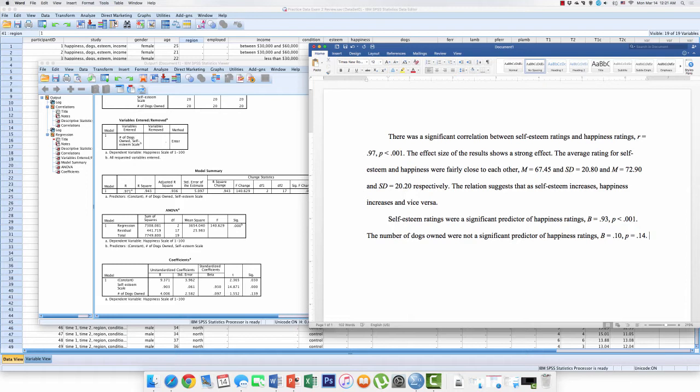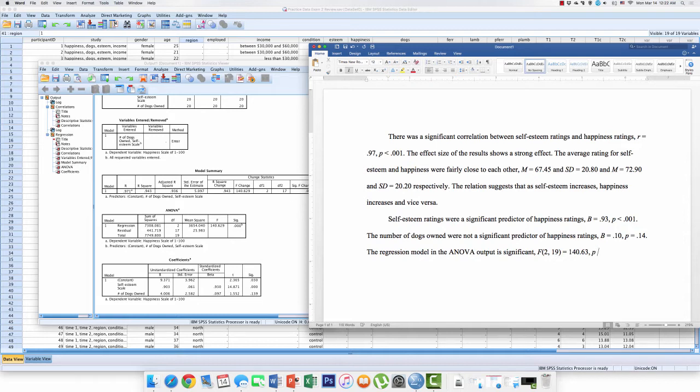We can say the regression model in the ANOVA output is significant, F(2, 19) equals 140.63, our sig value p less than 0.001.